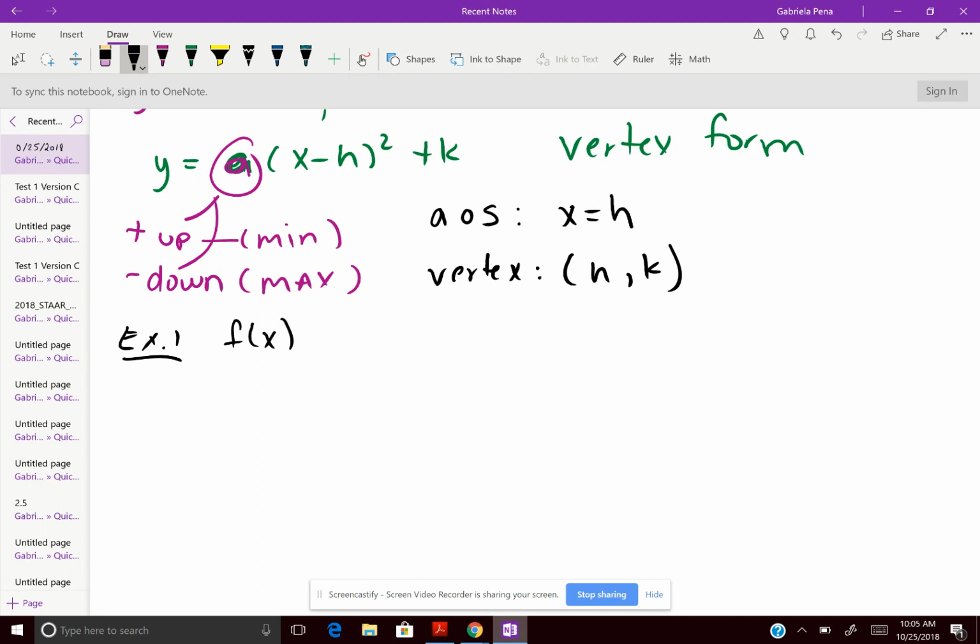They're going to give you a function in this format, and I have to find a whole bunch of things.